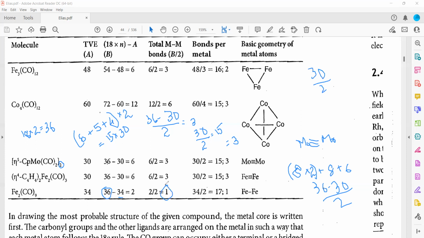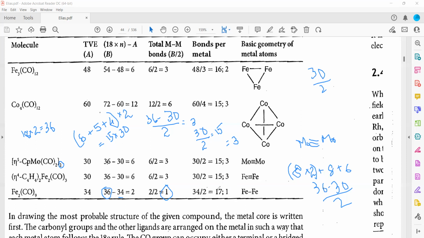So how many total metal bonds are there? 2. Sorry, 1. Okay. So in such a case, do you really need to calculate the bonds per metal? No, right? It will be 1 only, but let us calculate it in chemical form. So you got the total valence electron count to be 34. You need to divide it by 2, which will give you 17.